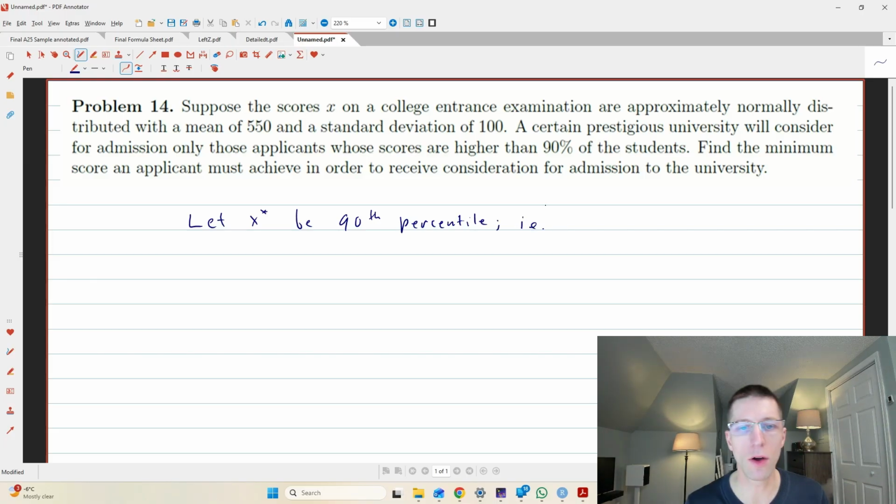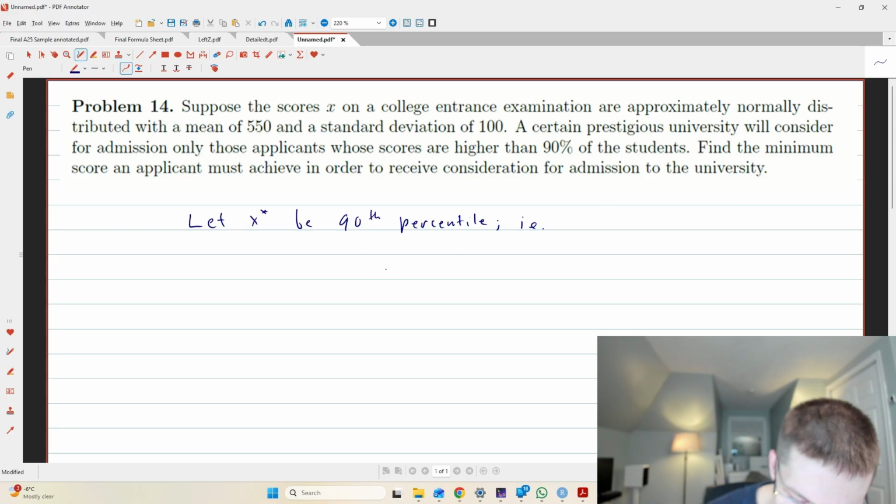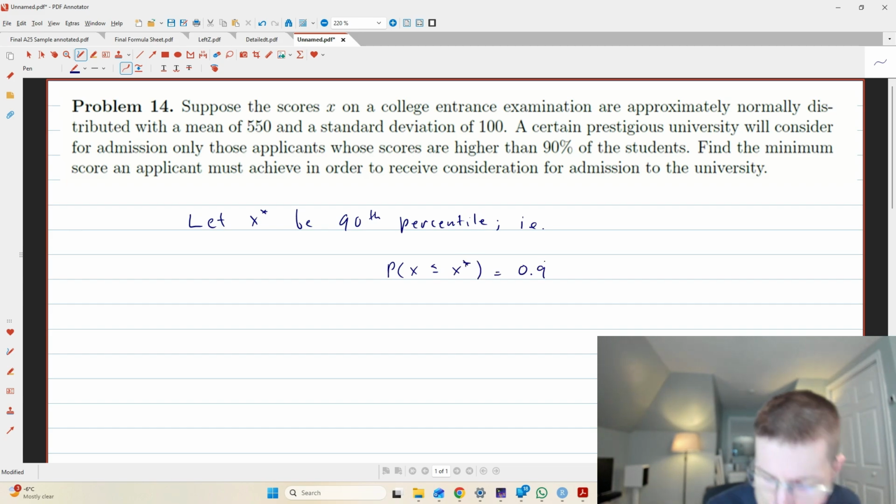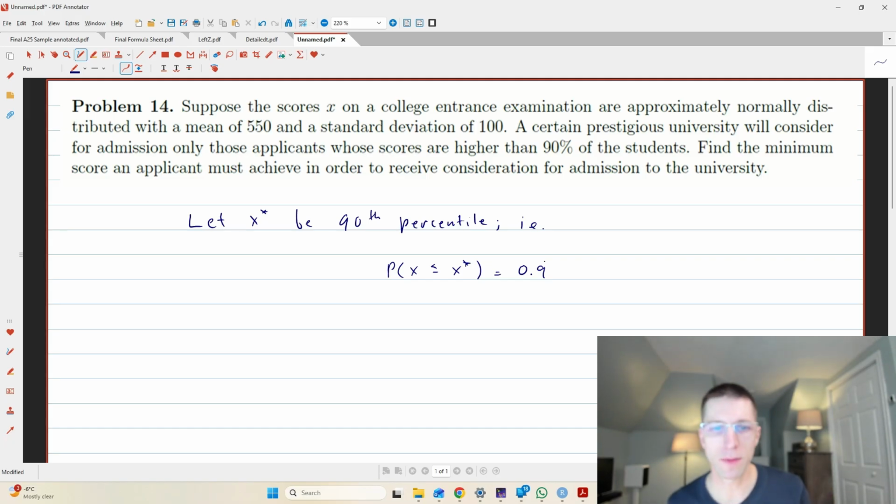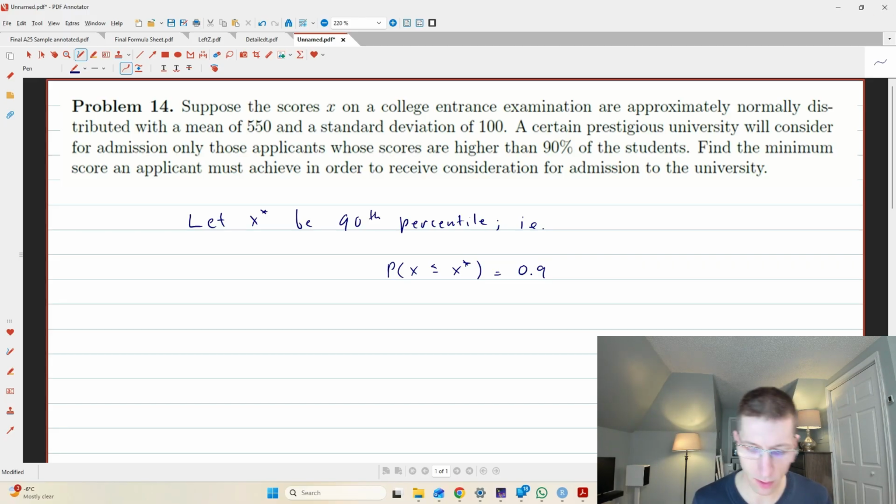And that's just a word or phrase to express that I want P of X less than or equal to X star equal to 0.9. Sometimes that's also called the 0.9 quantile. Because it's an approximately normal distribution, we can use the Z score.